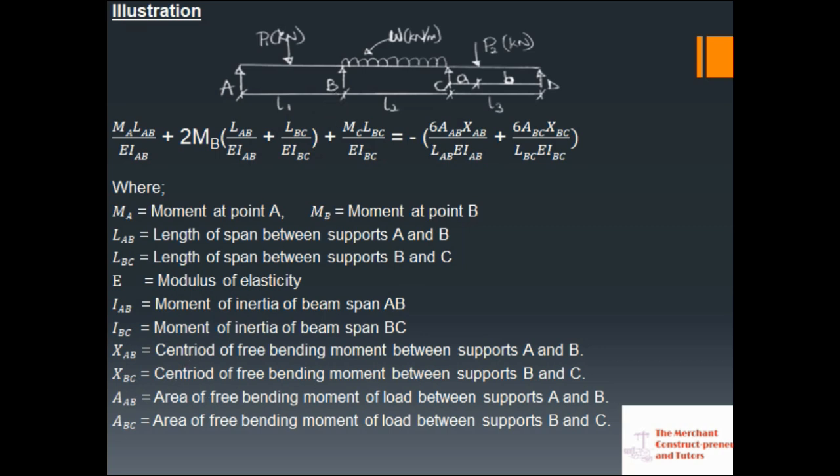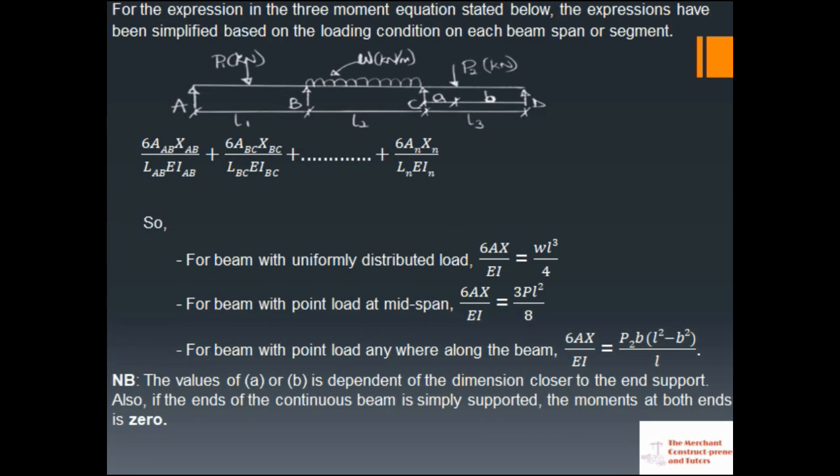Same thing for BC. A is the area of the free bending moment for both AB and BC. So this is how Clapeyron expresses the 3-moment equation, and he uses it to solve the problem so that it will be easier to understand.